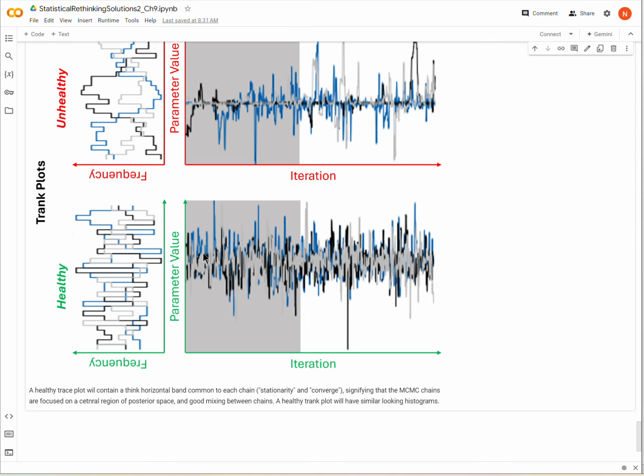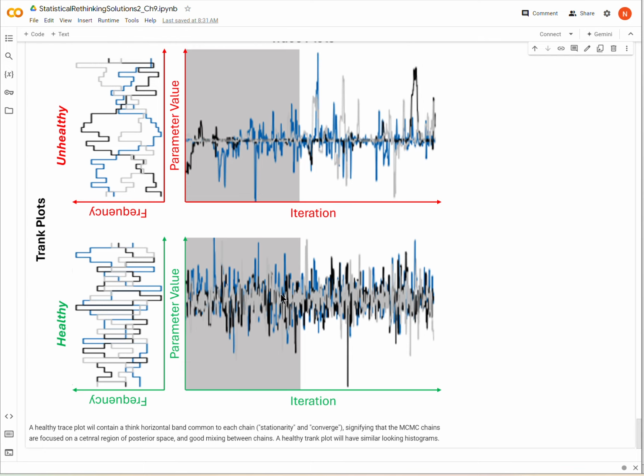And then similarly, all together, including their deviations and their behavior around the central band, all of the chains should be well mixed. It should be kind of a mess all the way around; they should all be mixed very, very well. So this is an example of a healthy set of chains, and you see how that's not the case here.